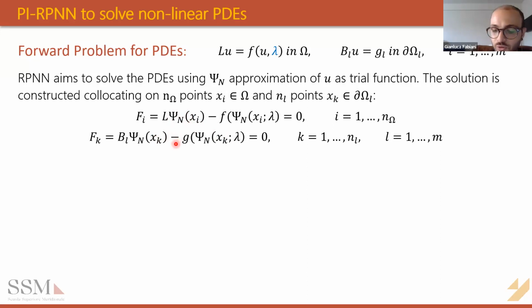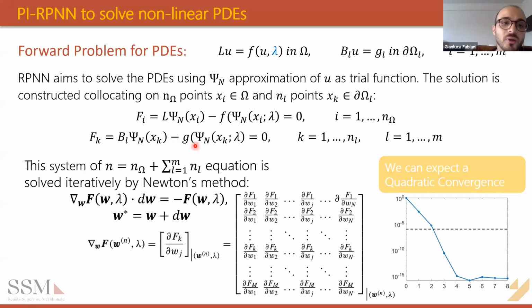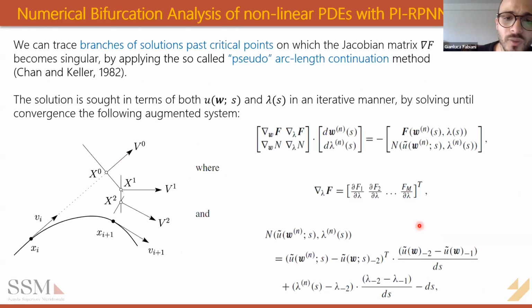This is a system of nonlinear algebraic equations, but we can solve it just using, for example, a Newton method. This means we need to update the weights. So this is iterative, it's not a single-shot solution, but we know that with Newton we can expect quadratic convergence, so this may require only 3-4 iterations to converge to a desired tolerance.